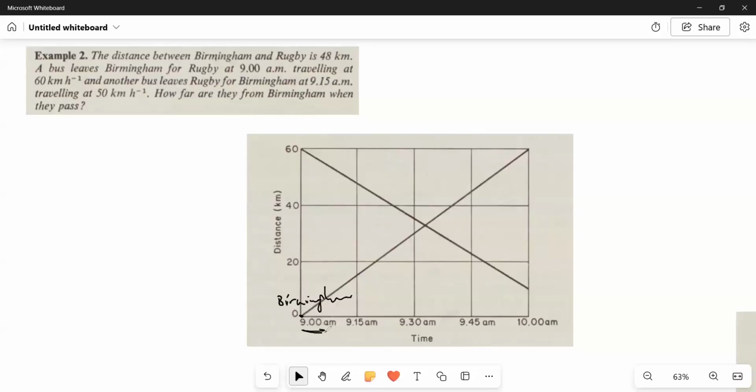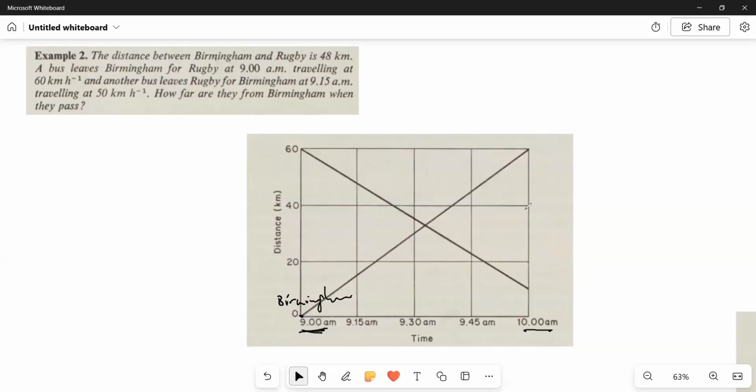And it starts at 9, and what is it doing? It's doing a speed of 60 km per hour, right? So how do you represent that on a graph? Well, in 1 hour, notice 9 a.m. is here, 10 a.m. is here. So you expect that it will cover 60 km in that 1 hour, right? So that's how you'll draw it.